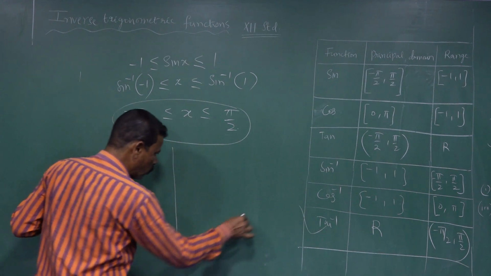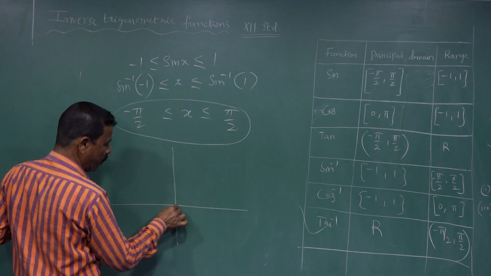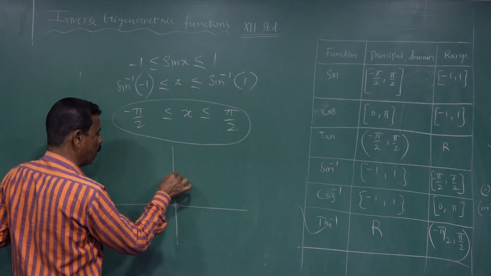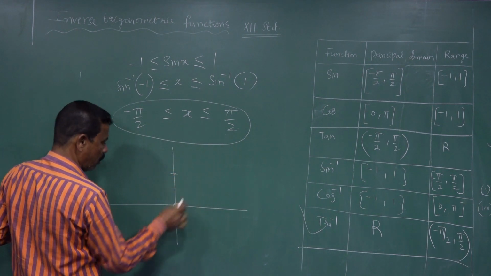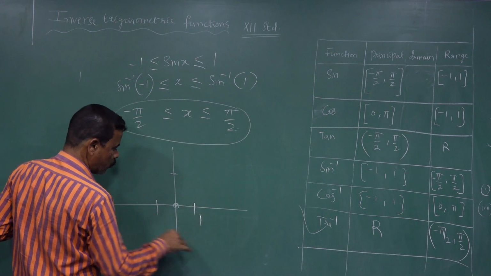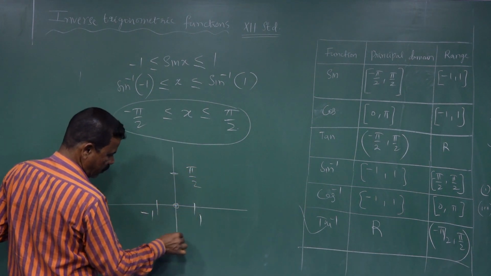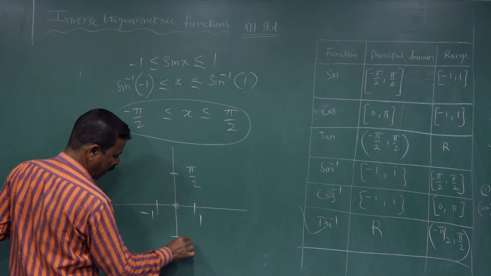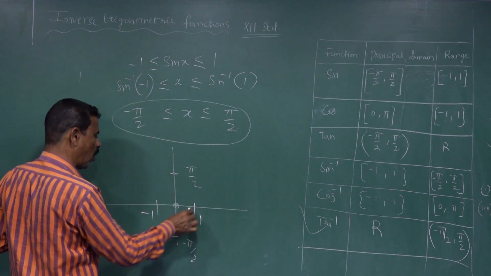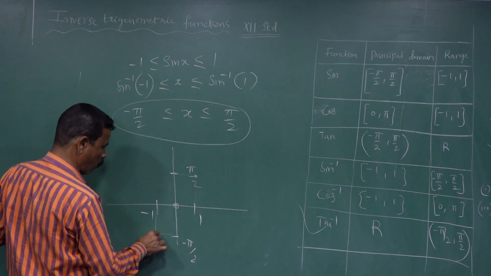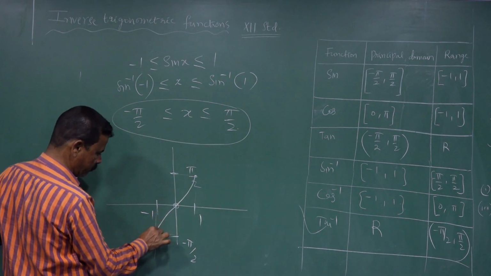So how to define the principal value? At 0, the value is 0. At plus 1 it is 90, at minus 1 it is minus 90. This graph is at 1, this point at minus 1.